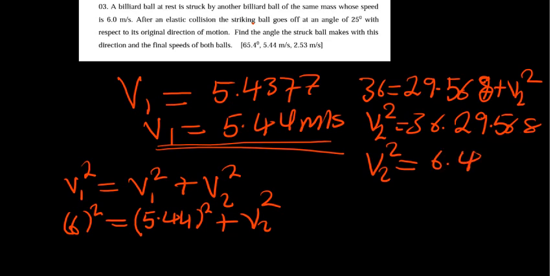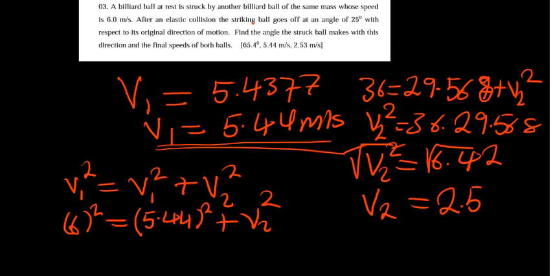So when you take the square root of this, cancelling out the power, our v2 is going to be 2.53 meters per second.